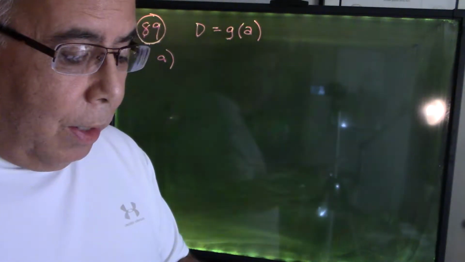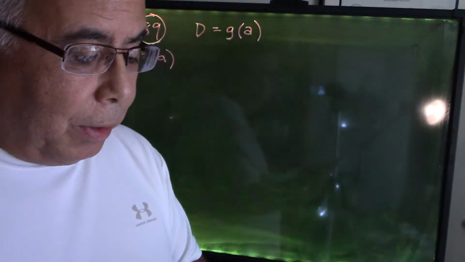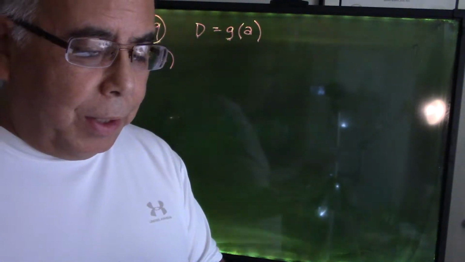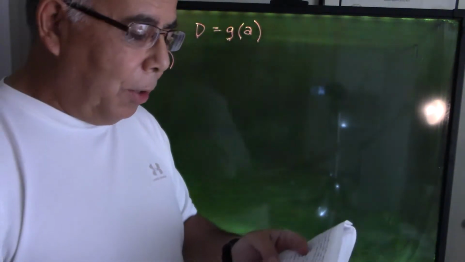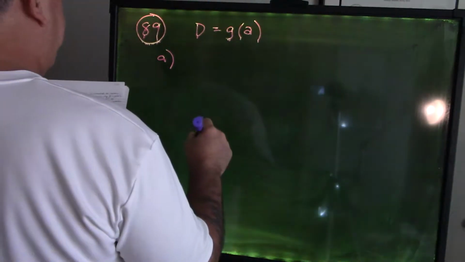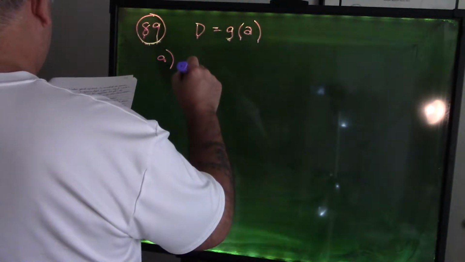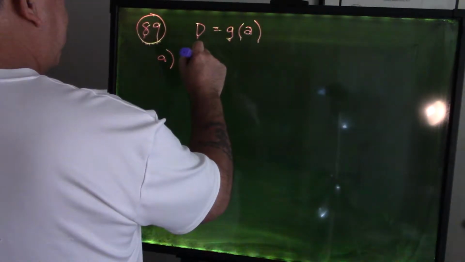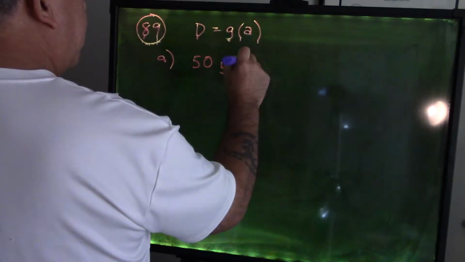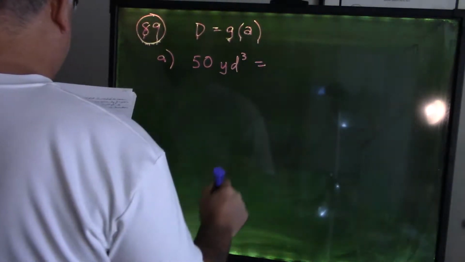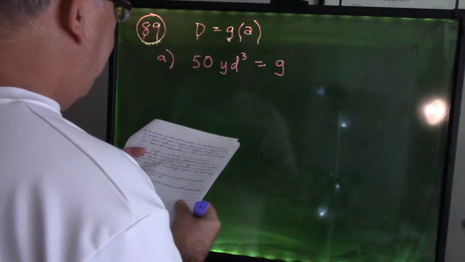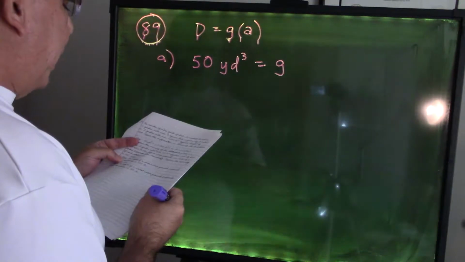Okay, so the number of cubic yards of dirt is D, and here it's given as 50 cubic yards. So we have D equals G of A, so here D is equal to 50 cubic yards, and that's equal to G of A, which is A square feet.